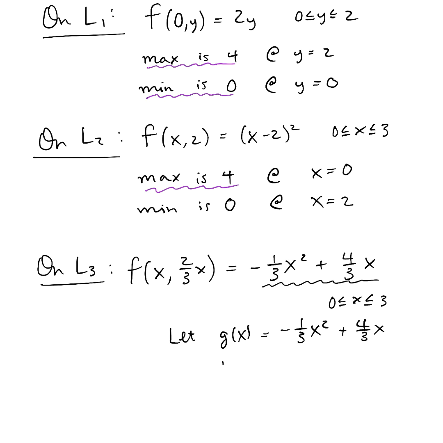g prime of x is minus 2/3 x plus 4/3. So you can see the only critical point is when x equals 2, and when x equals 2, y you can see equals 4/3 because y is 2/3 x.